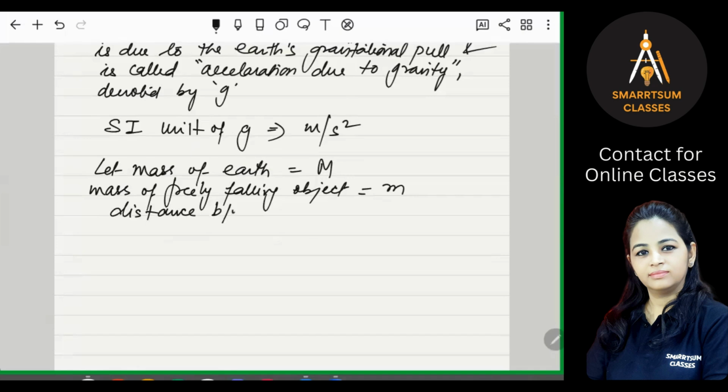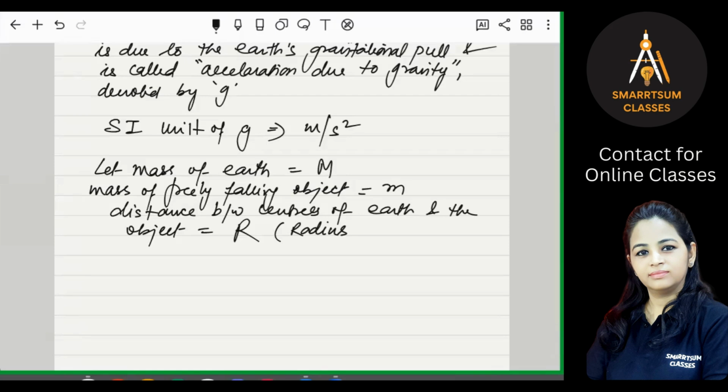So the distance between the centers of Earth and the object will be taken as r, that is the radius of the Earth. Because from whatever height it is dropped on the surface of the Earth, it is negligible in comparison to the radius of the Earth. So that's why we have taken it equal to the radius of Earth.